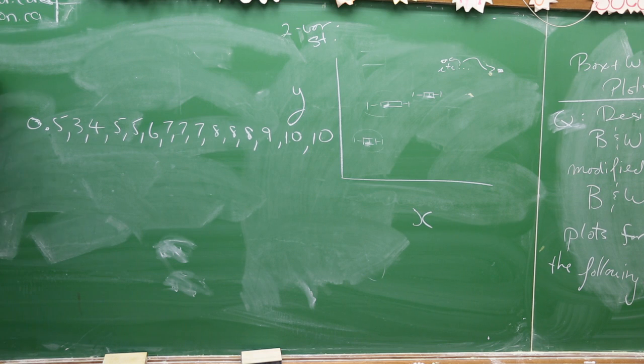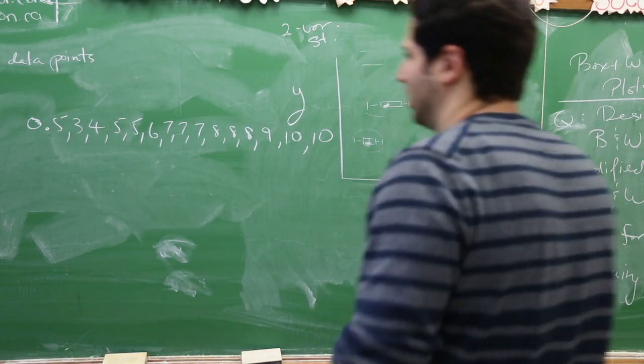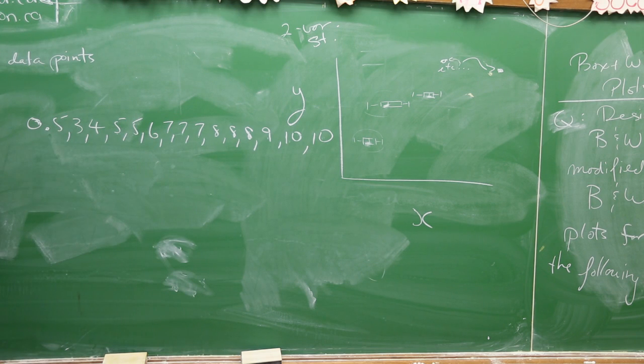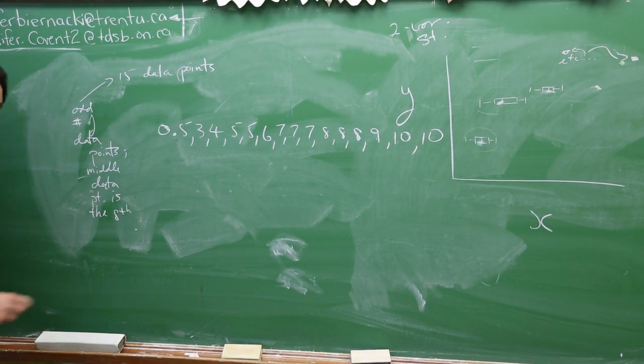Because we have 15 data points. So in this case we have an odd number, right? If we had an even number, we'd have to treat it a little differently. So if we have an odd number of data points, the middle data point is the 8th, correct? Does that make sense?